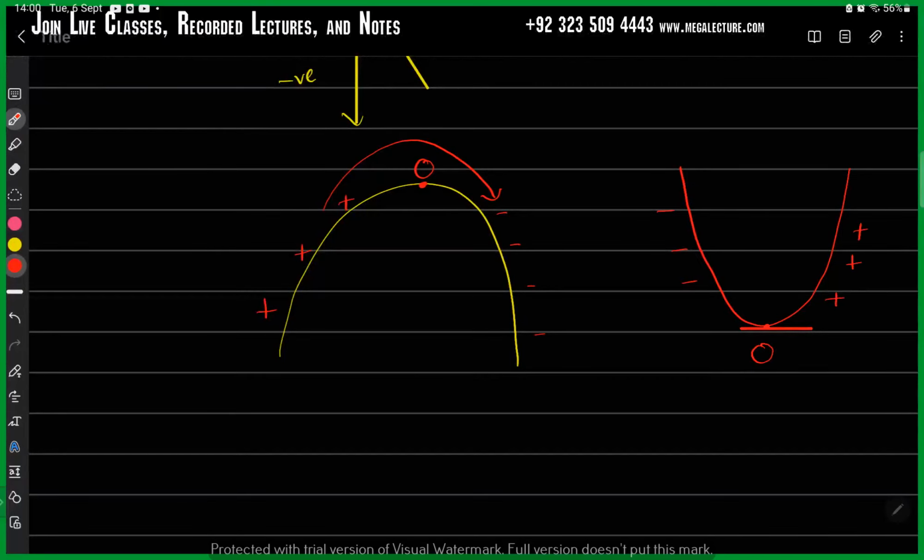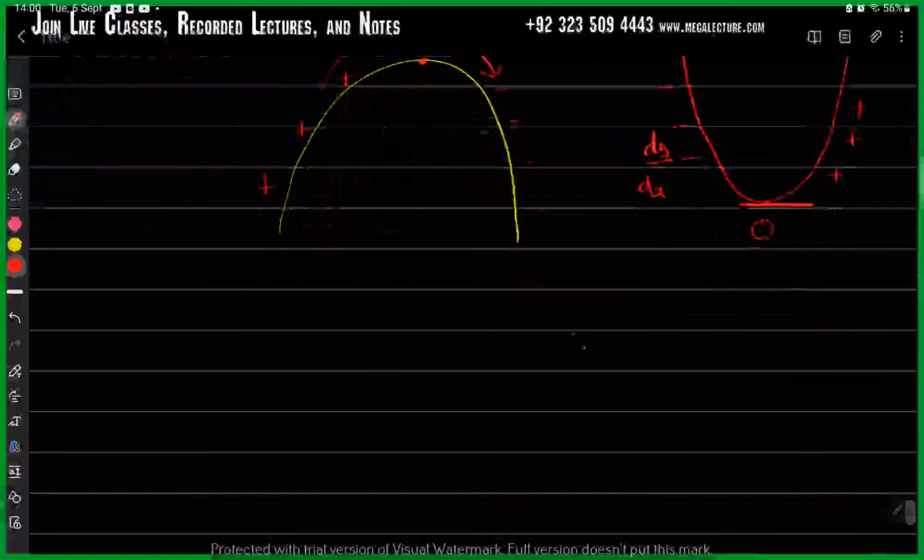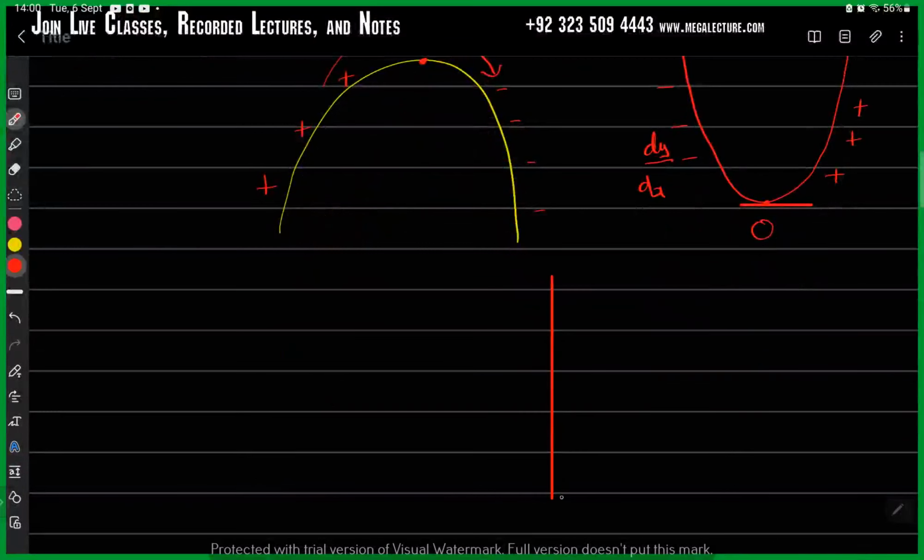Now my dy by dx is going from negative to positive. If I think about it on a graph of dy by dx, this is negative, it's going from negative to positive.